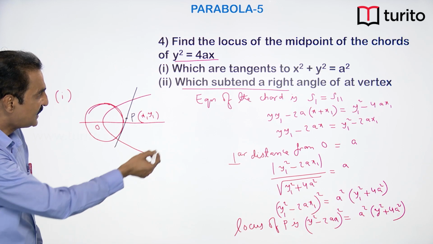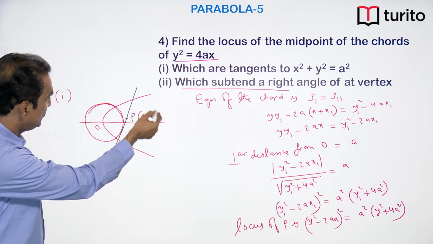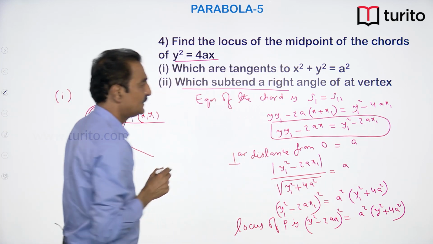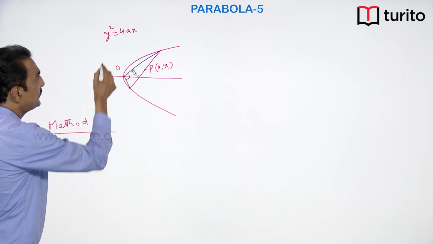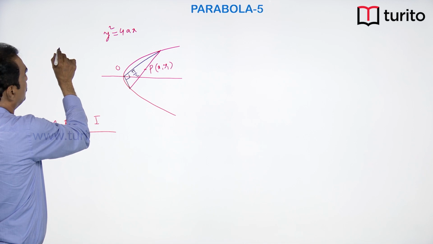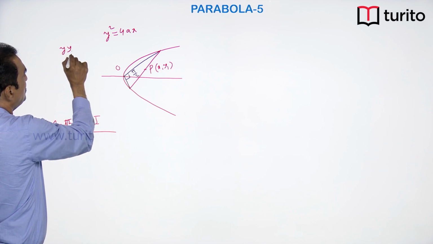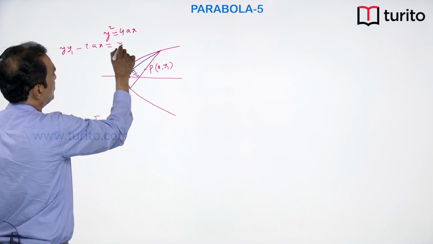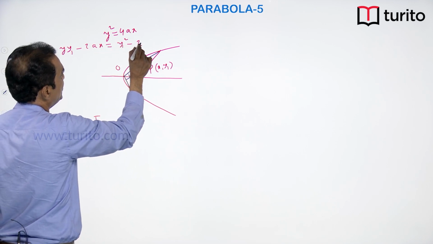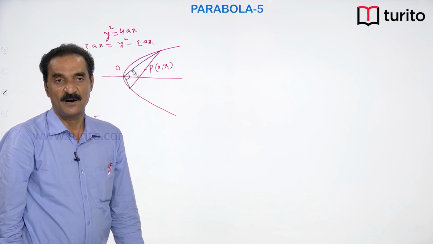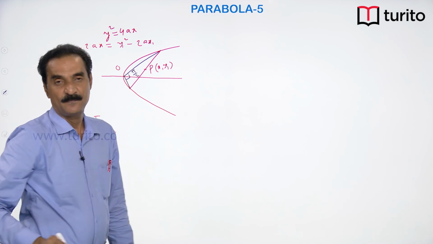We have seen in the previous question. This is the equation of the chord now. So, let us write it here. The chord is y1 y minus 2ax is equal to y1 square minus 2ax1, that is the equation of the chord, and this is the origin.